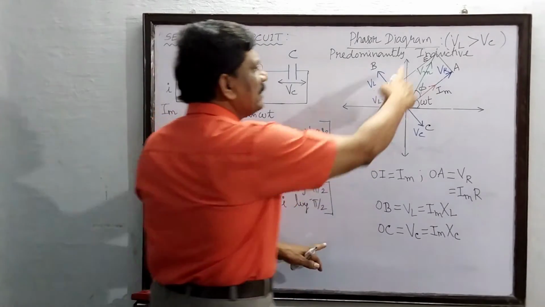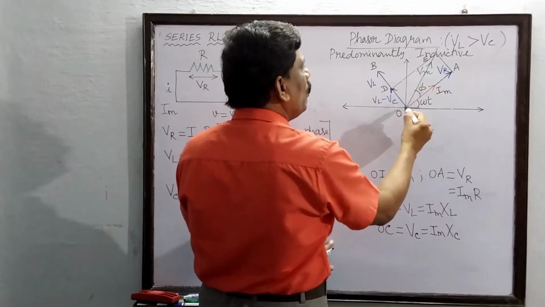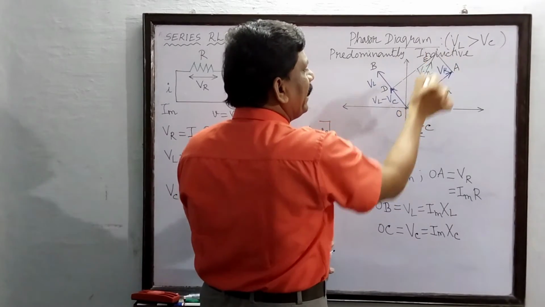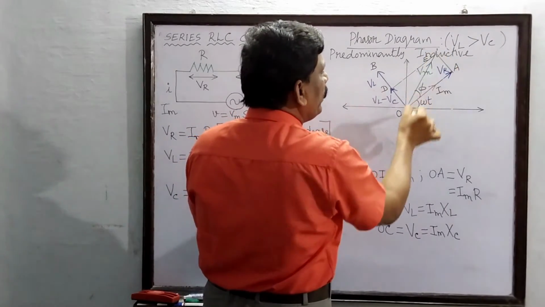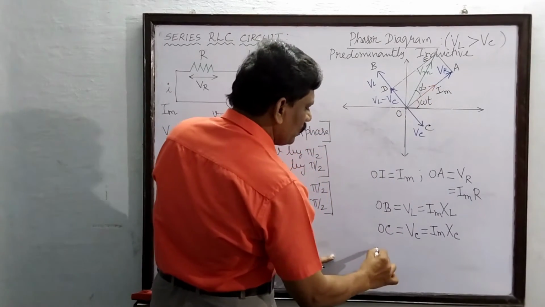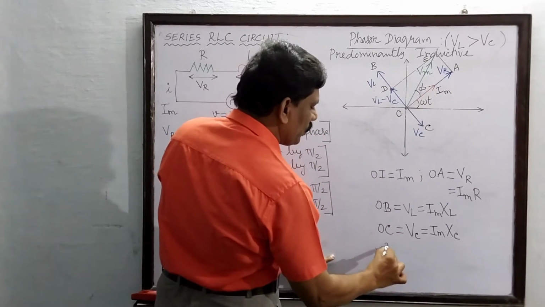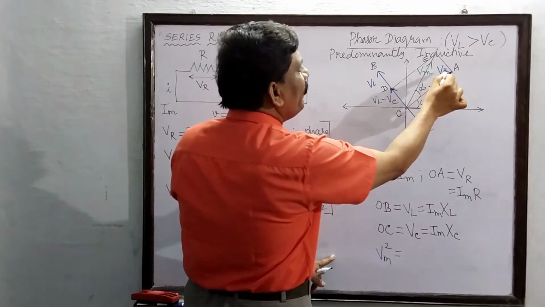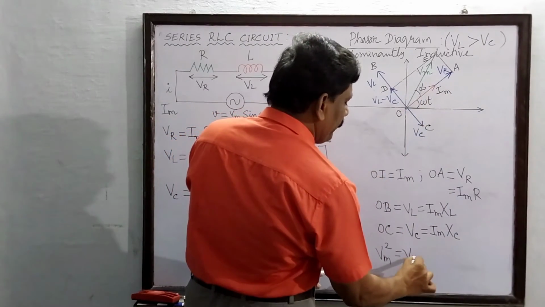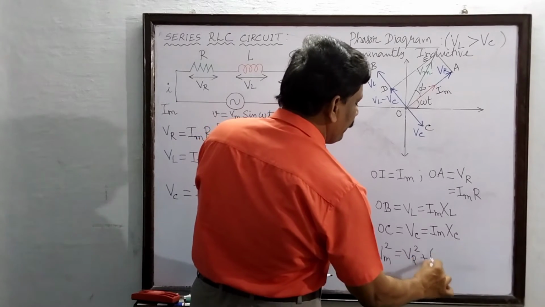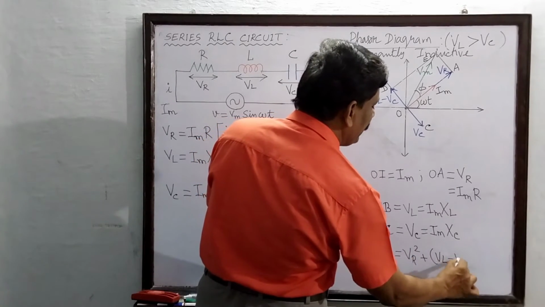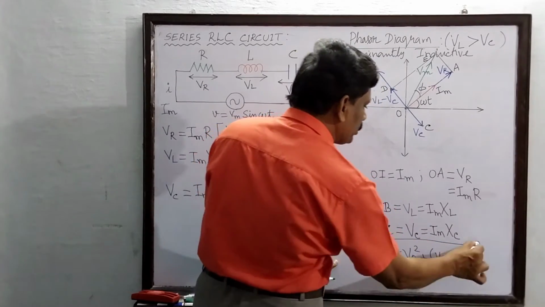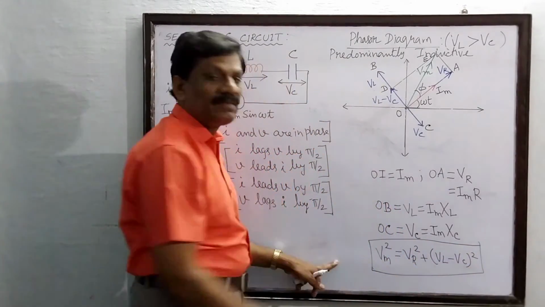Now, from this parallelogram OAED, the diagonal is OE, its magnitude is Vm. So this diagonal, Vm square, must be equal to VR square plus VL minus VC the whole square. This is the basic equation we are going to substitute.